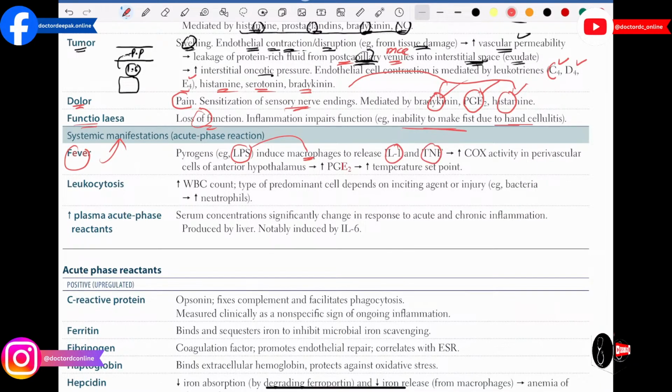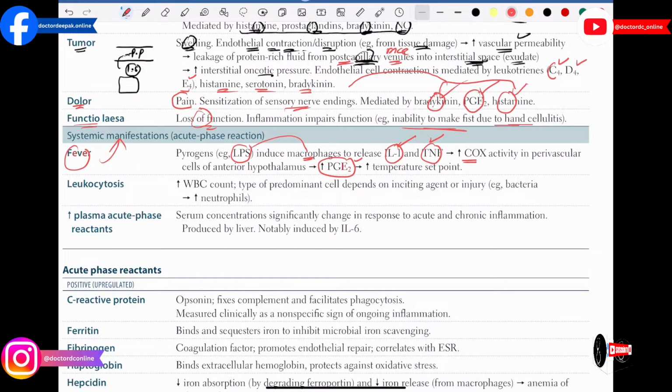tumor necrosis factor, and this interleukin 1 and tumor necrosis factor will go and stimulate COX activity in the perivascular cells of the anterior hypothalamus. And we know that when COX enzyme activity is increased, there is a large amount of production of prostaglandins, and the prostaglandin produced in the hypothalamus during inflammation that leads to fever is prostaglandin E2, because this is the inflammatory mediator produced in the hypothalamus.